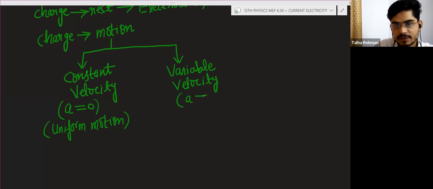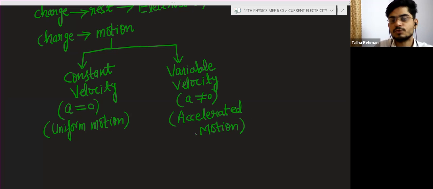In this case, the acceleration will not be zero. And this motion is either non-uniform motion, or you can say accelerated motion of charge, because here charge is in motion.